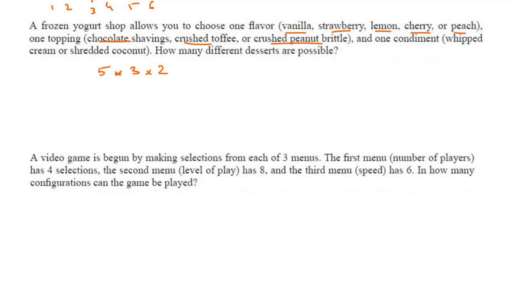And the question is how many desserts are possible? Again, this is the multiplication principle, which gives us 30 different desserts. And of course you could draw this with a tree diagram. The first choice you have 5 and then 3 and then 2. It will be a huge tree, but this is how you can picture it.